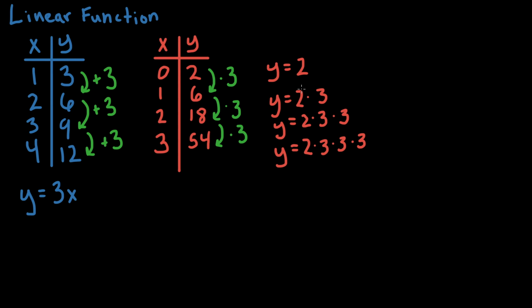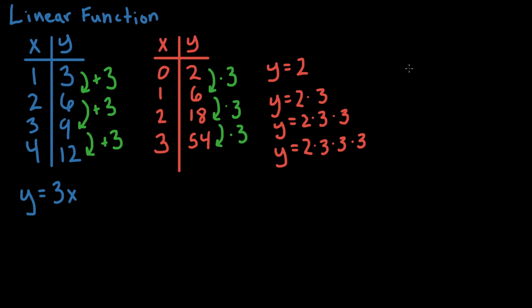Now this isn't an equation that we can substitute values into to get output. So let's figure out how we can do that next. You may remember from our talks about exponents that when we have repeated multiplication, we can replace it with exponents.